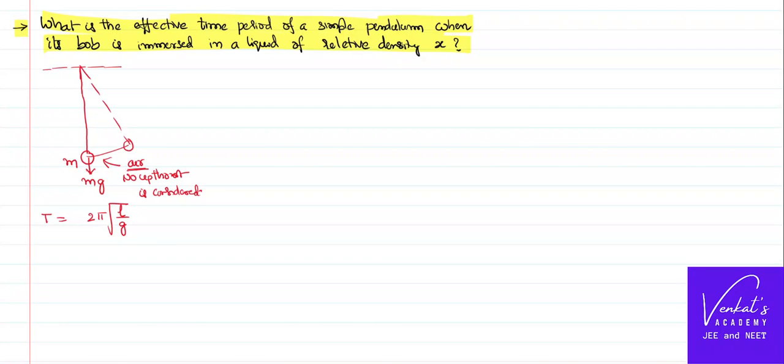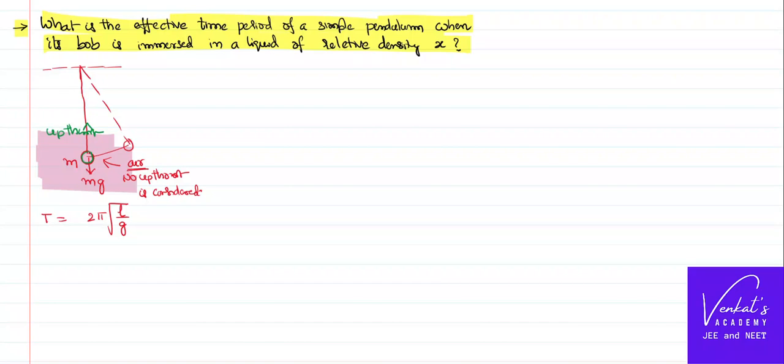Now the problem says this bob is no more in the air, but is immersed in a liquid. Whenever there is a liquid around the bob, not only the weight is acting, there is also an upward force due to the liquid called upthrust. So the resultant force is different, so the time period also will be different. We want to derive an expression for that.